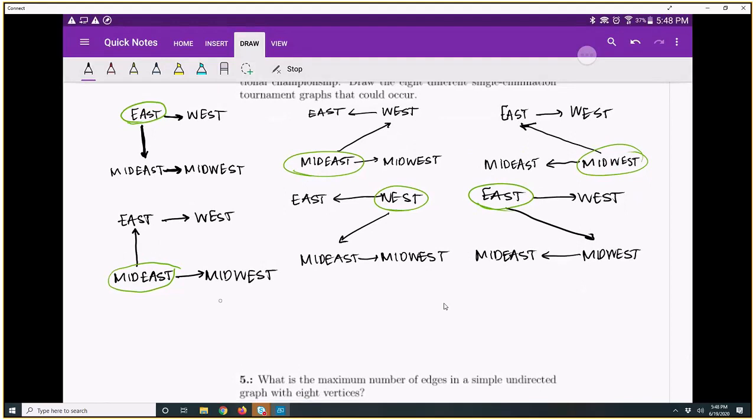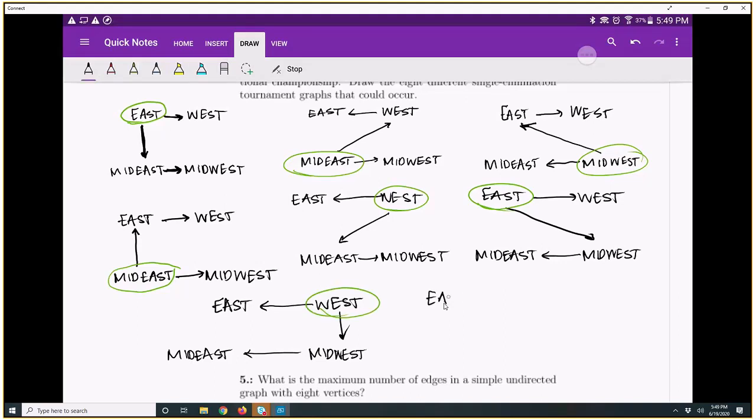I could have West beats East, and Midwest beats Mid-East. Then I have West and Midwest playing for the championship, and maybe West is the champion.